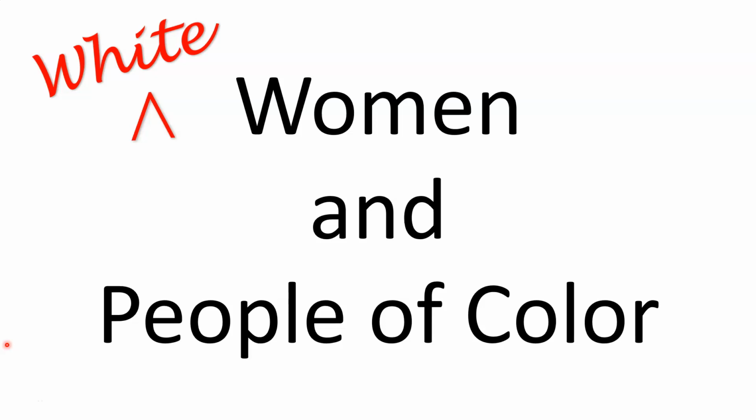But if you say women and people of color, what you've done is you said that females, right, women of color, they really aren't women. But what they are is they're people of color. And it's a way of maintaining woman, the idea of woman or of women, as being white. And it's not intentional, but it is a bias in the language that says, well, women and people of color.